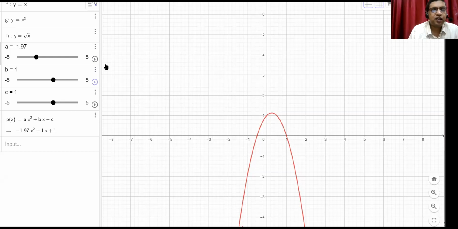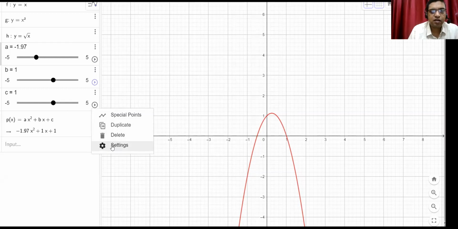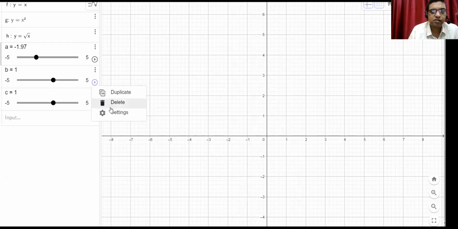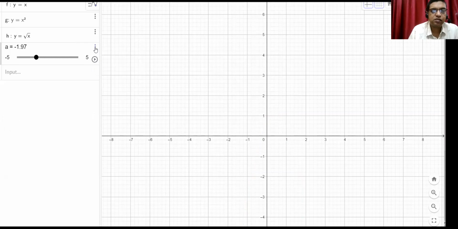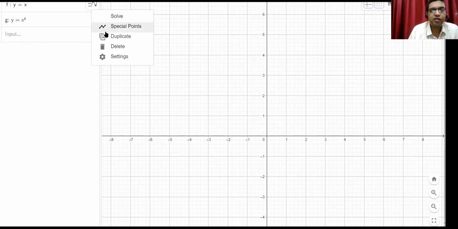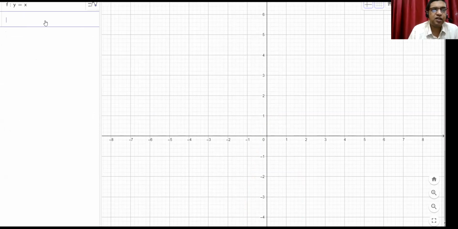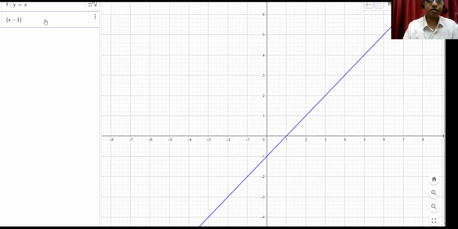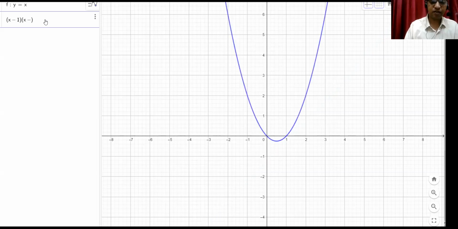Now let me talk about, I'll delete this. Now the question you asked about cubic functions, right? y equal to x cube we have done. Now let us look at this function. f of x is, say, x minus 1 into x minus 2.